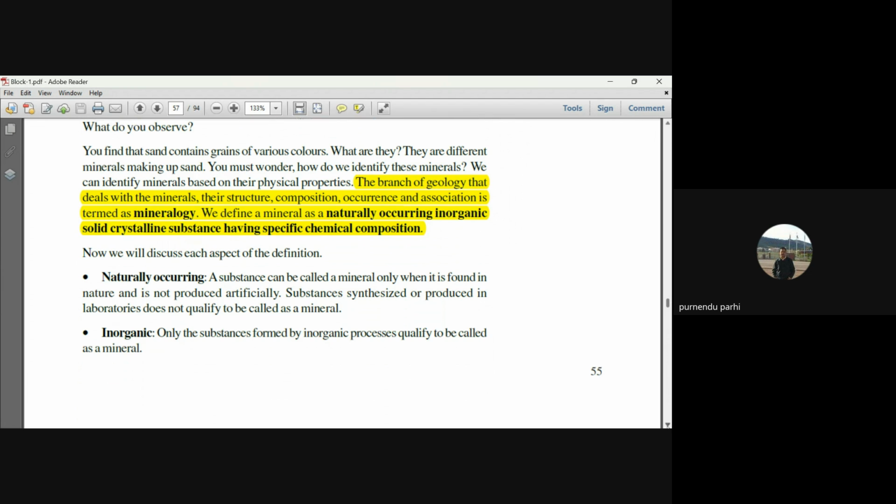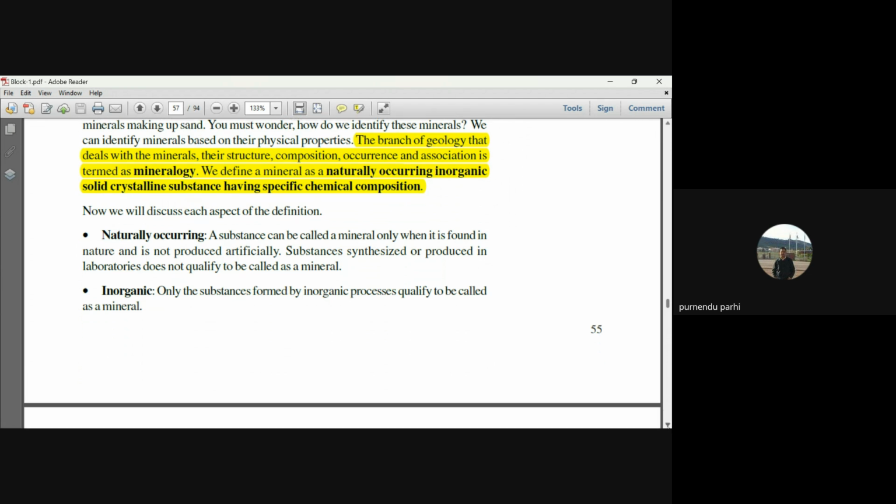Now we will discuss each aspect of the definition. Naturally occurring. A substance can be called a mineral only when it is found in nature and is not produced artificially. Substances synthesized or produced in the laboratories do not qualify to be called a mineral. Inorganic. Only the substances formed by inorganic processes qualify to be called minerals.